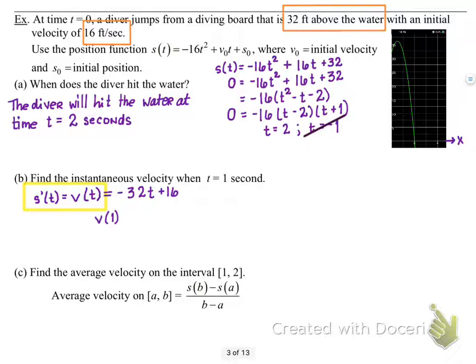Once you've made that relationship clear between the derivative of the position function and the velocity function, then you can refer to it as the velocity function. No need to restate that relationship anymore. So we're going to find the velocity at 1 second, and the velocity at 1 second is negative 16 feet per second.